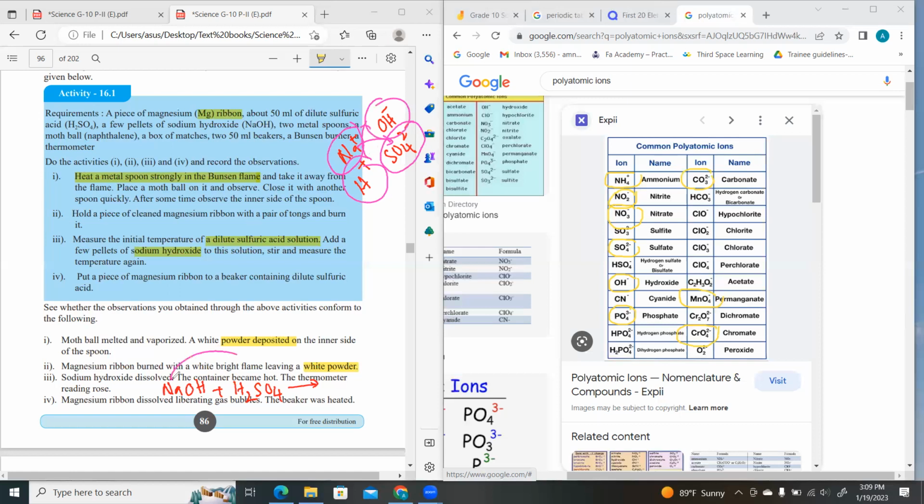Sodium goes with sulfate. You all know sodium can form plus ions. Sulfate is 2 minus. You must have learned how to write the chemical formulas of those. You have already learned those.